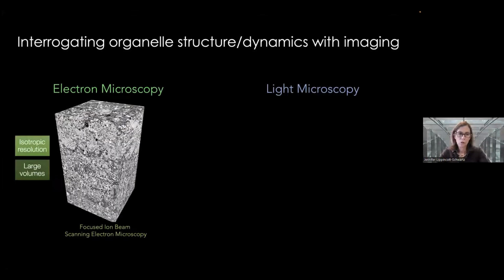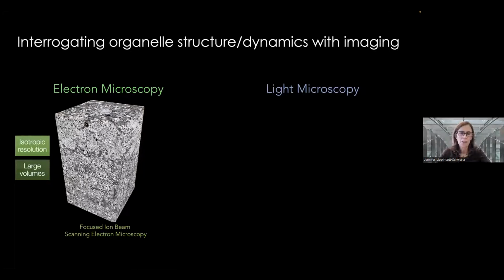In the case of electron microscopy, I'm going to be talking about the whole volume focused ion beam scanning electron microscopy that's recently been developed at Janelia as well as elsewhere, where basically you can look at whole volumes, huge volumes at isotropic resolution, typically between 4 and 8 nanometer voxels to look through a whole specimen.